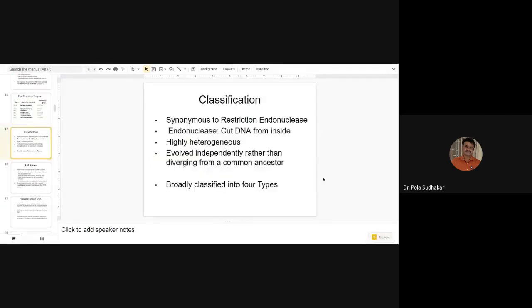And classification of restriction endonucleases. Synonyms: restriction endonucleases are also called endonucleases because they cut DNA from inside. All restriction endonucleases are highly heterogeneous, evolved independently rather than diverging from a common ancestor, and are broadly classified into 4 types of restriction enzymes.